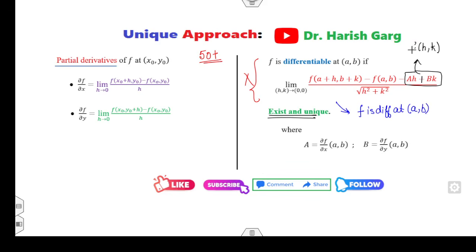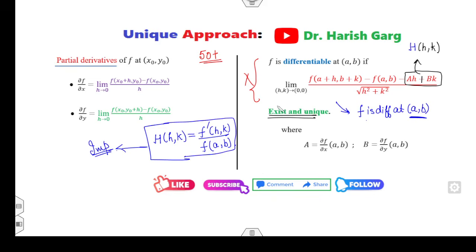And if I call this function, say, h, then we can find the value of h and k, that is called the function derivative at the point (h, k), because the function is differentiable at (a, b), divided by f of (a, b). That's a very, very important tip for you. Make sure this is applicable only when your limit exists and is unique.